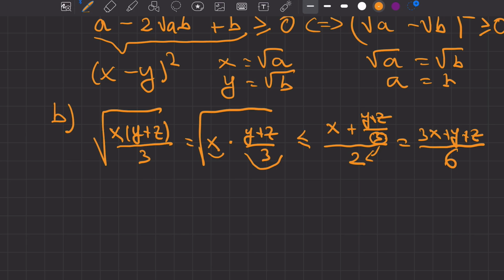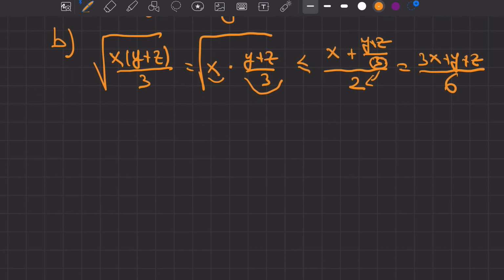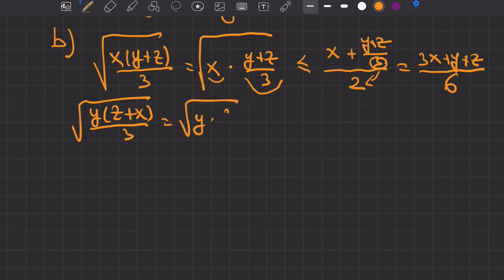We do the same for the others. We take the square root of y times (z plus x) over 3, which equals the square root of y multiplied by (z plus x over 3), less than or equal to.